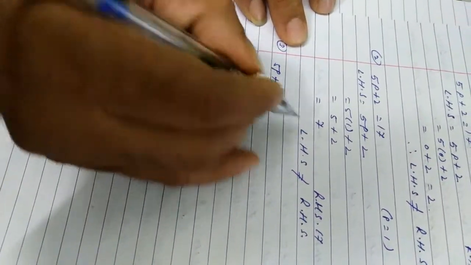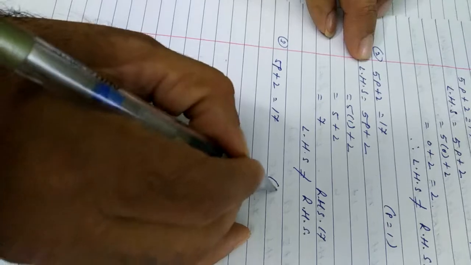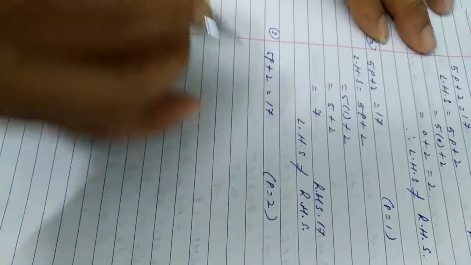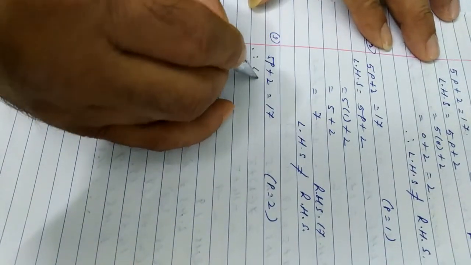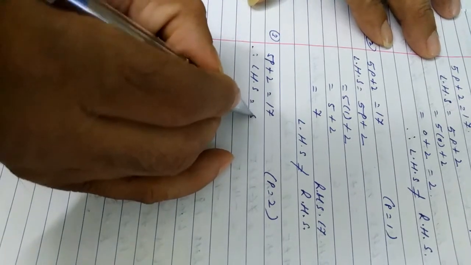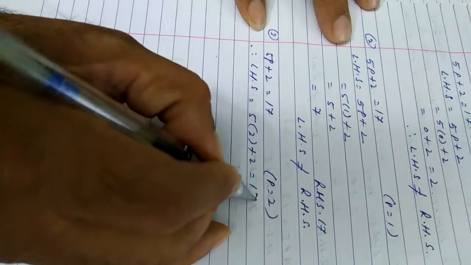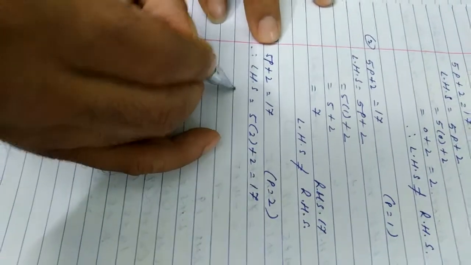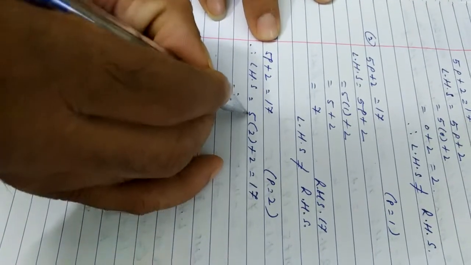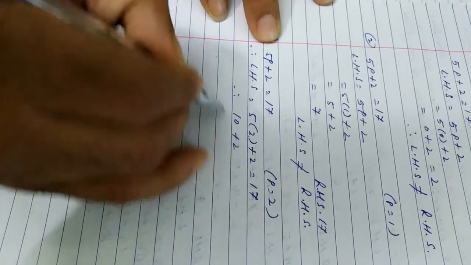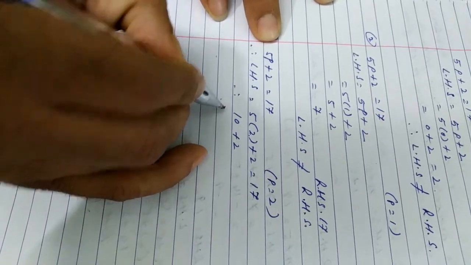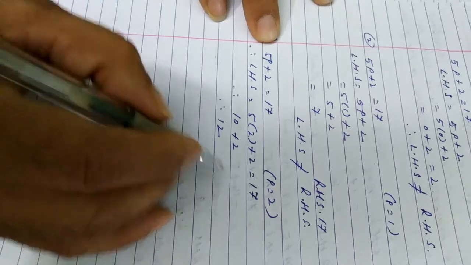Let's try the next one. 5p plus 2 is equal to 17, where p is equal to 2. So therefore left hand side is equal to 5 times p, p means 2, plus 2, right? Therefore 5 twos are 10, plus 2. So 10 plus 2 is equal to 12.